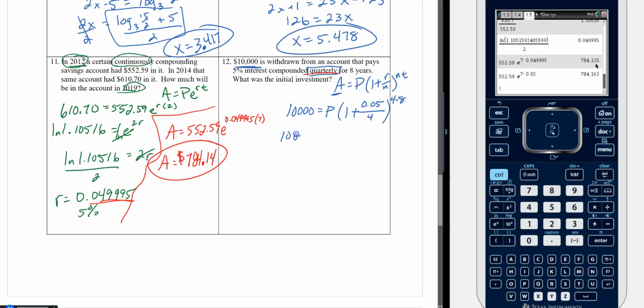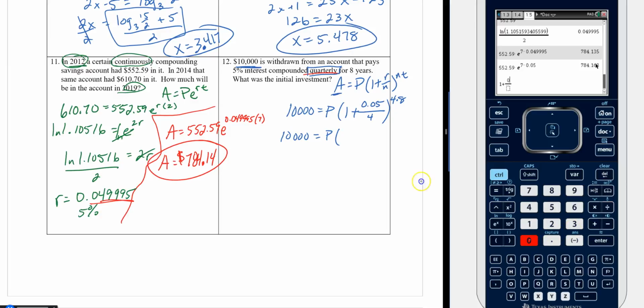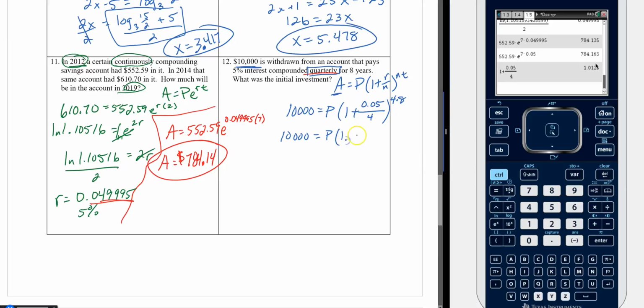So I've got 10,000 is equal to P times, I'm going to go ahead and calculate that, 1 plus 0.05 over 4, and I get 1.0125 to the 32nd.